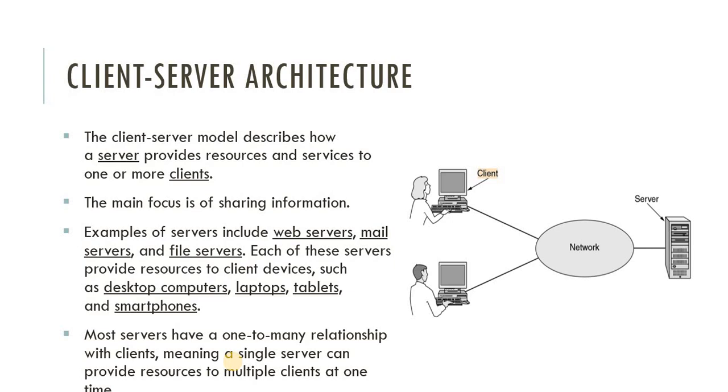For example, the servers include a web server, mail server, file server, etc. Each of these servers provides resources to client devices such as desktop computers, laptops, tablets, and smartphones. Based on this, we can say that any PC, laptop, smartphone, or tablet that is connected to the network is called a client.